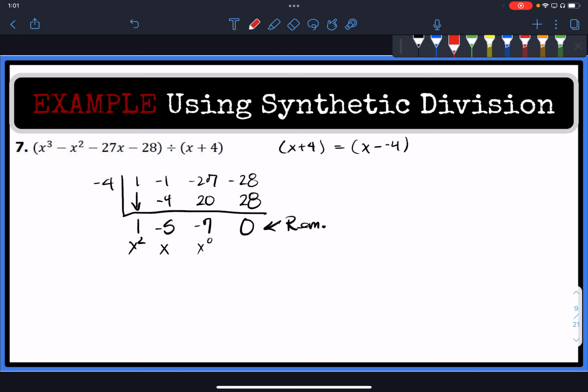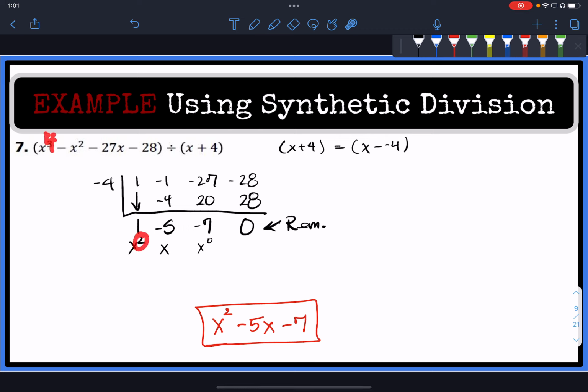So here's our answer. It's going to be 1x to the second minus 5x to the first minus 7. So if our dividend was to the fourth power, our answer would start off with x to the third, x to the second, x to the first, and then so on until we get to the constant and then the remainder.